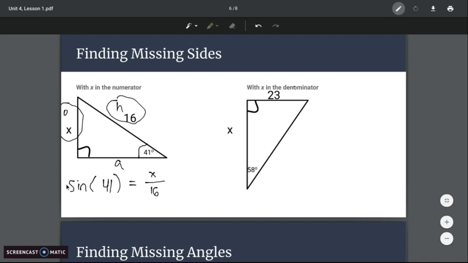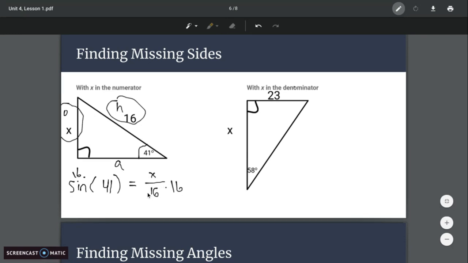So what you're going to do is multiply each side by 16. Or, in any case, you would multiply by whatever number is in the denominator if X is in the numerator. So now we know that this is 16 times sine of 41.